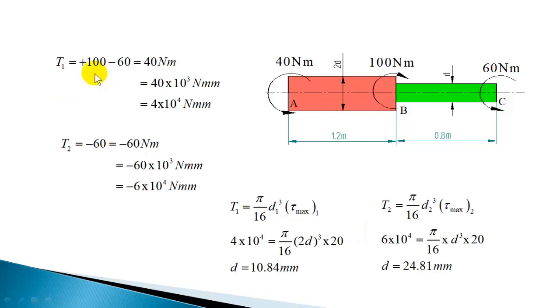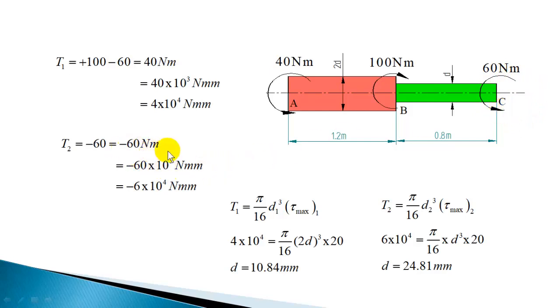The torque in the first section is plus 100 minus 60, which is 40 Newton meter, or 40 into 10 raised to 3 Newton mm, or 4 into 10 raised to 4 Newton mm. Torque acting in the second section: when you take a section here, taking only the torque on the right side, it is minus 60 because it's anti-clockwise.